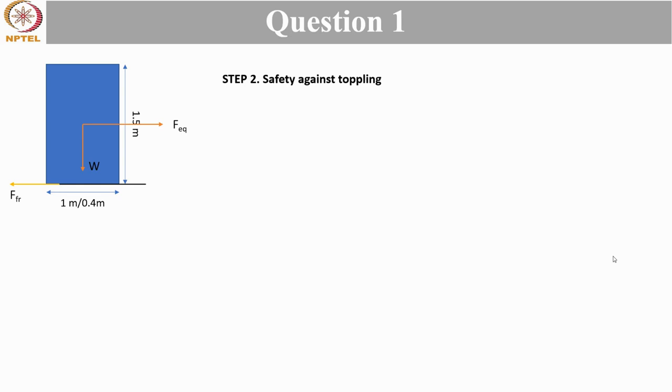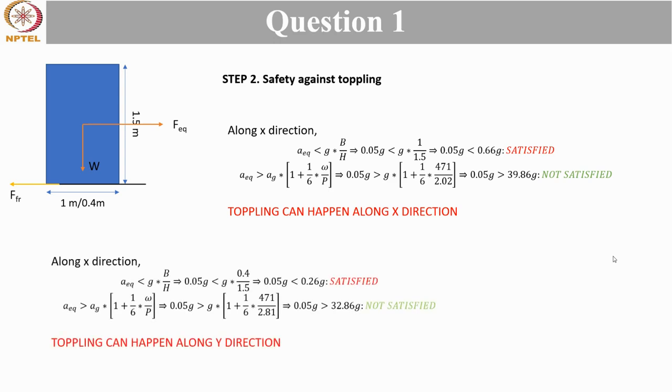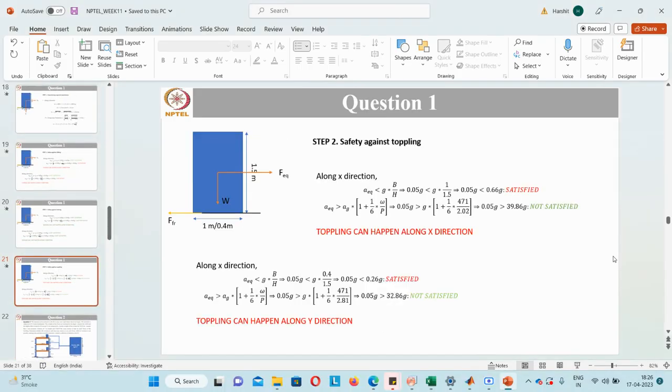And finally, we have safety against toppling. So along x direction, we know the relationship that governs the toppling condition. One relation is satisfied and one relation is not satisfied, so we can say toppling can happen along x direction. Similarly, along y direction, since one relation is getting satisfied and one is not, we can say toppling can happen along y direction.